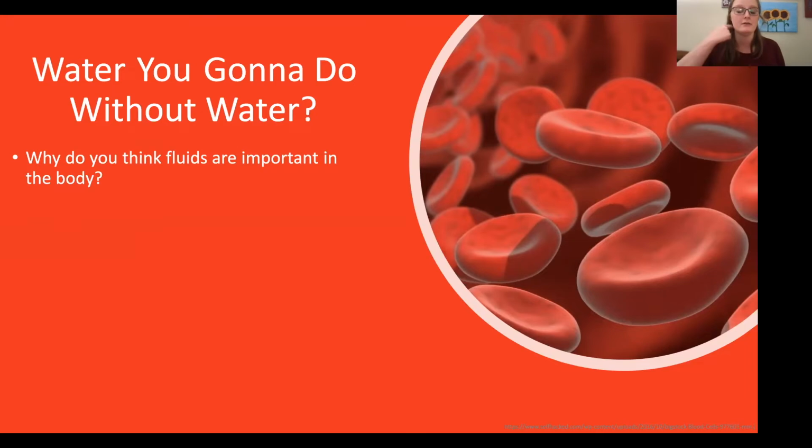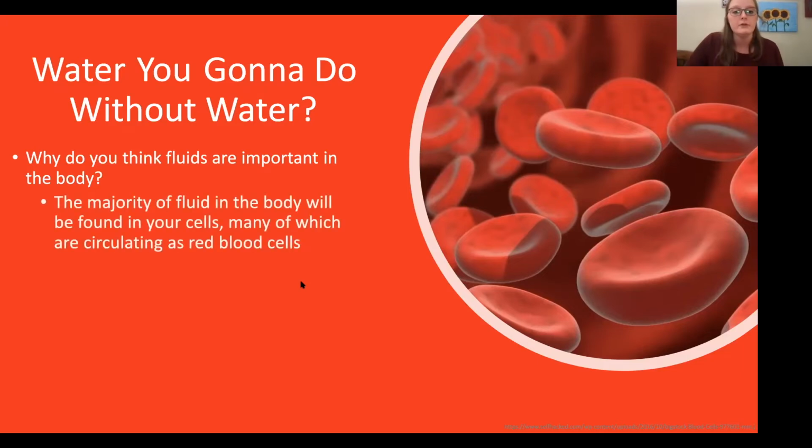Yeah, you guys have nailed it right on the head. All of the things that fluids do work together to provide energy, to transport things like nutrients, to transport things like oxygen with your red blood cells. And probably the most important one is to make sure all of the cells in your body maintain proper hydration.